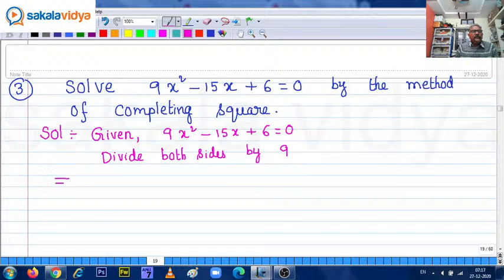So we get 9x square minus 15x plus 6 equals 6 upon 9, equal to 0 upon 9.